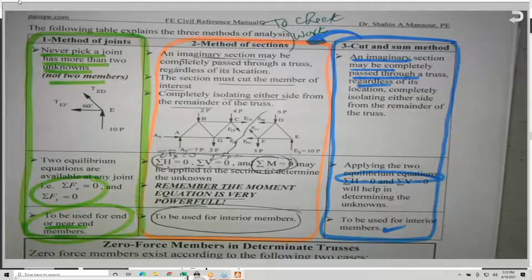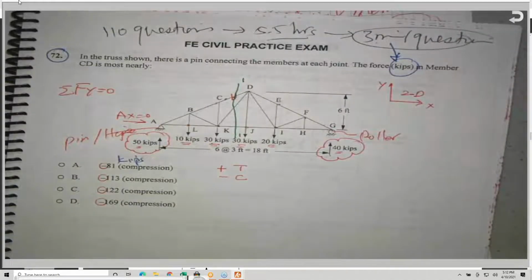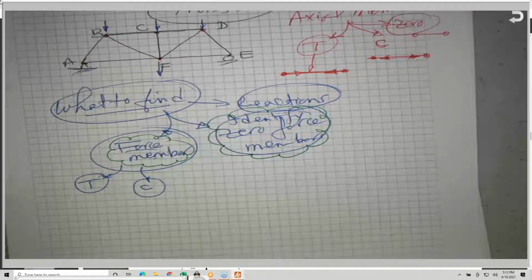Be careful. Statically indeterminate, no, we are not going to talk about it here. Statically indeterminate, we cannot solve it. Let me just mention one thing about statically indeterminate, so at least you can get what is meant by that.